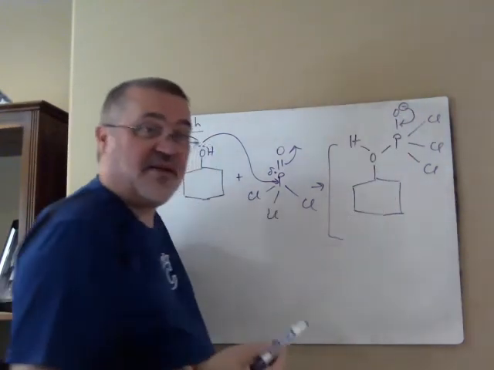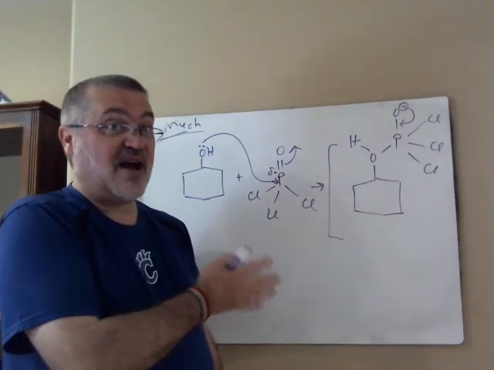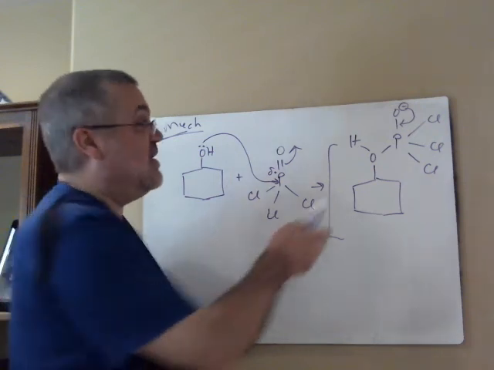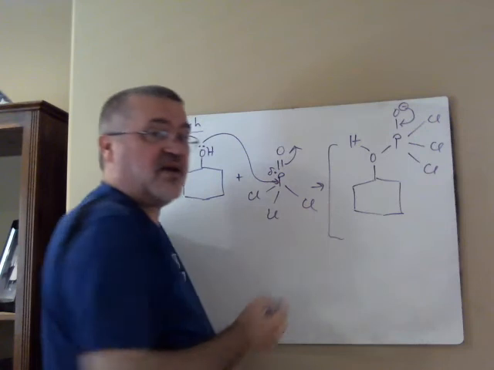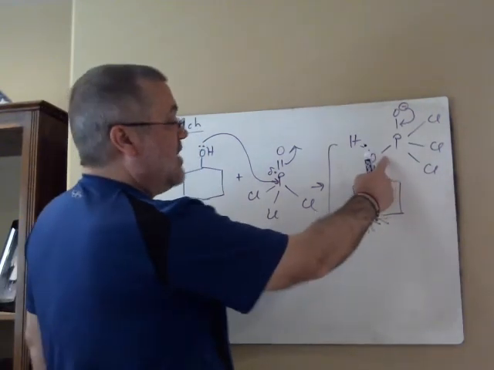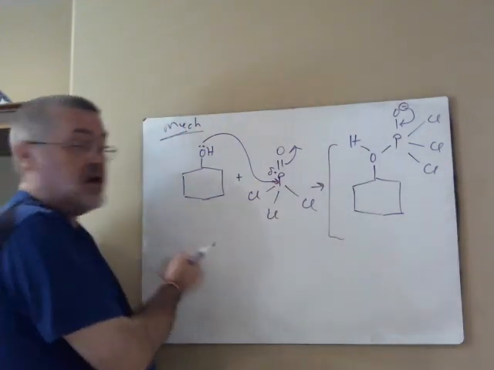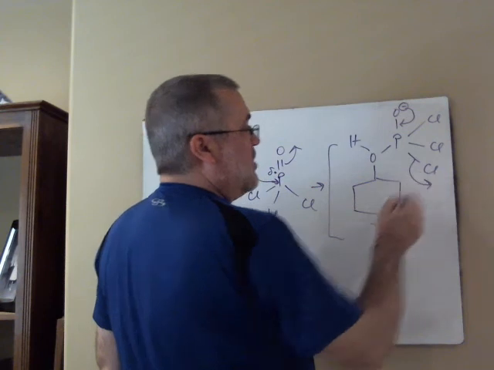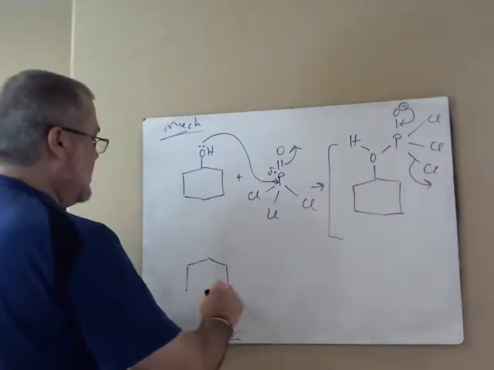Does anybody see how this is similar to Grignards and hydrides reacting with esters? Electrons come back in, and then it can kick something off, because these are all good leaving groups. If it kicks this off, you're just back to where you were, the reversible reaction. But it could also kick off a chlorine. And if it does that, it would form this.